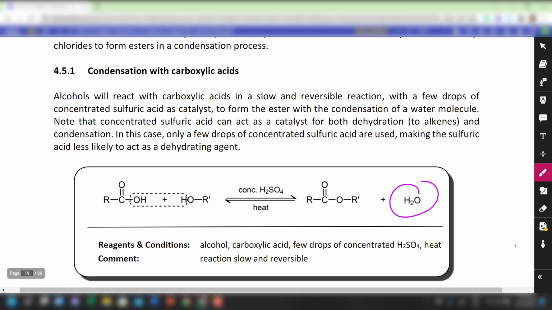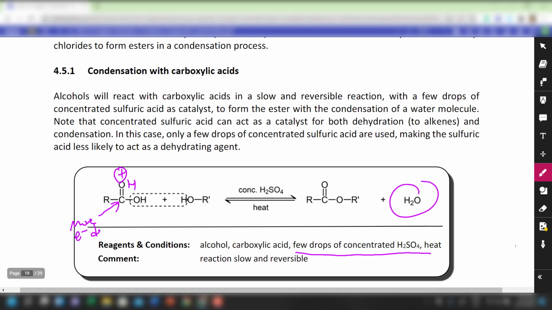Okay, so I need you to be aware of this reaction, and usually the catalyst is concentrated sulfuric acid. This is needed to accelerate the reaction. The key reason, which I probably don't want to mention too deeply here, is that the presence of concentrated sulfuric acid protonates the carbonyl oxygen to make this carbonyl carbon more electron deficient.